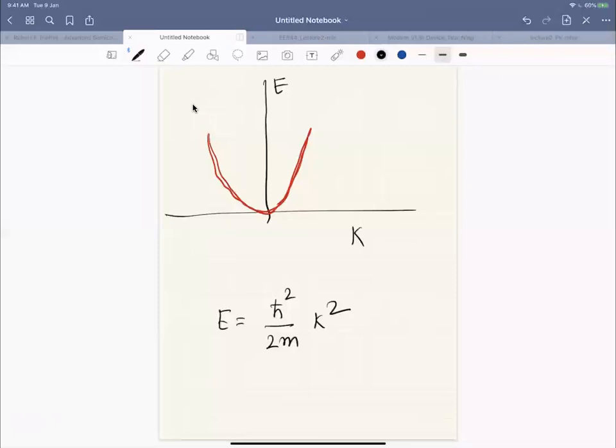The energy of the particle can be defined from this curve. The energy of the free particle depends on the momentum, right? So here you see the free particle can take any energy, right?